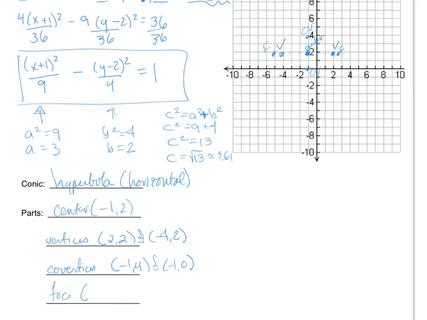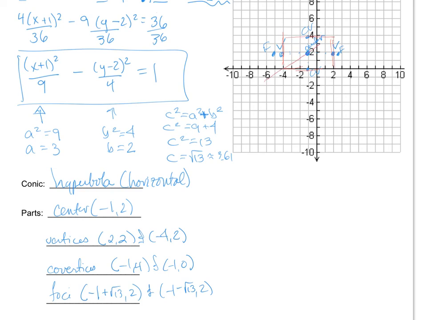So what are those points? Negative 1 plus that c value, the y value doesn't change. And negative 1 minus that c value, the y value doesn't change. Now here I can draw my little rectangle passing through my vertices and my co-vertices.